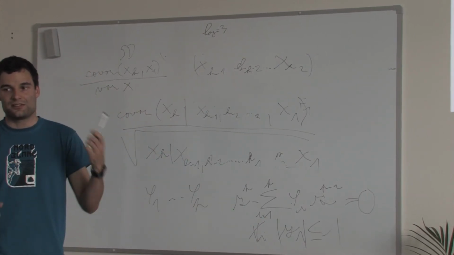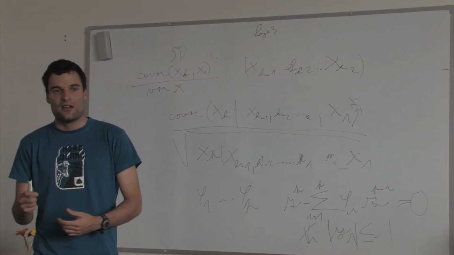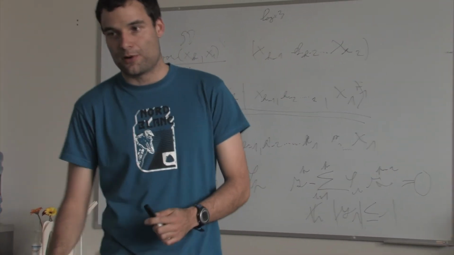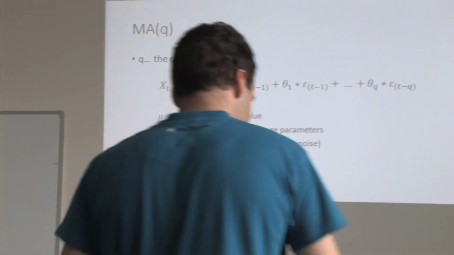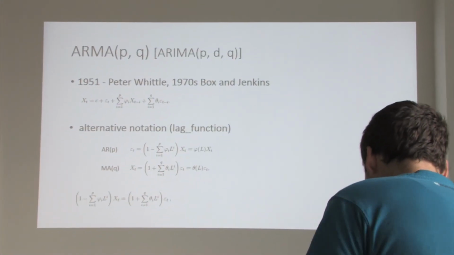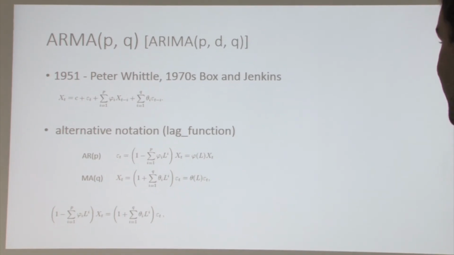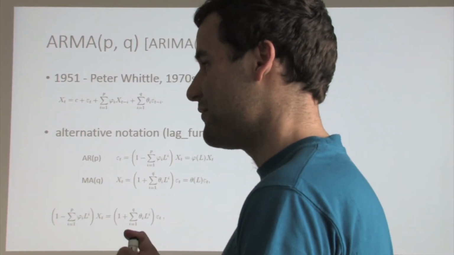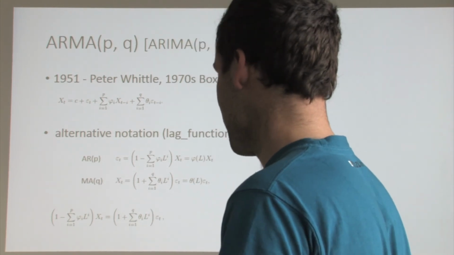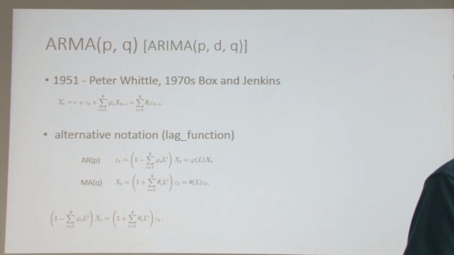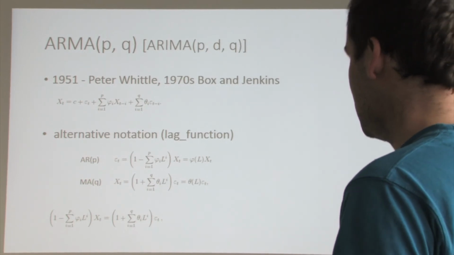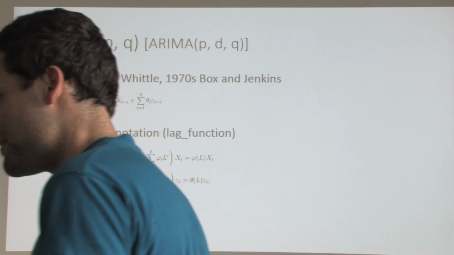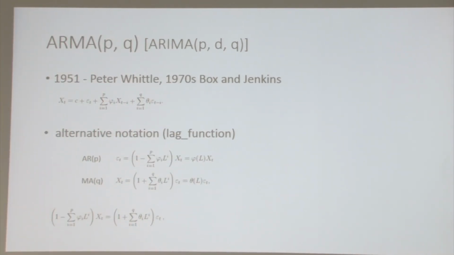So in these models, usually autoregressive predictions are used, even if we have a combination of both, which is called autoregressive moving average. As you can see over there, basically it's just the combination of these two formulas put together, and in practice it is implemented in many programming languages.